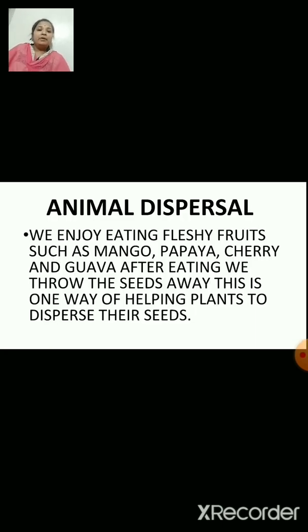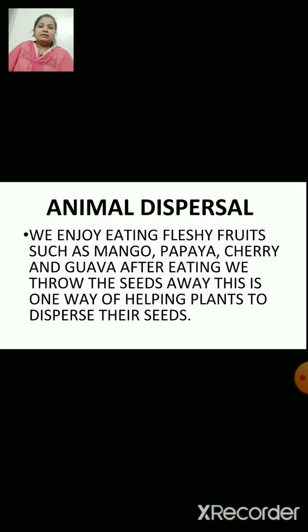Now, animal dispersal. We enjoy eating fleshy fruits such as mango, papaya, cherry, and guava. After eating, we throw away the seeds. This is one way of helping plants to disperse their seeds.